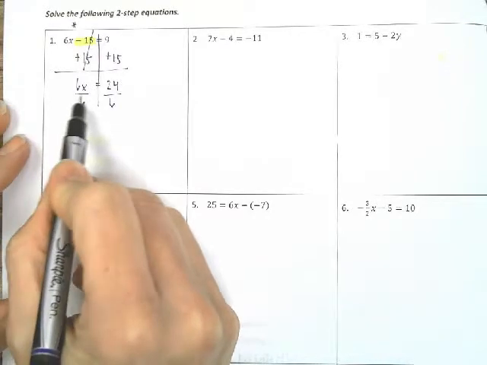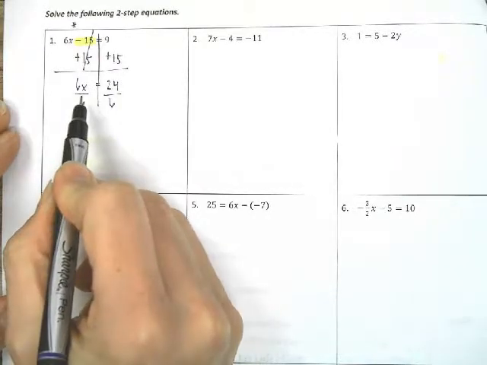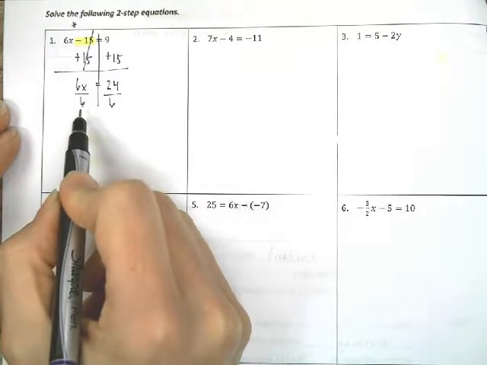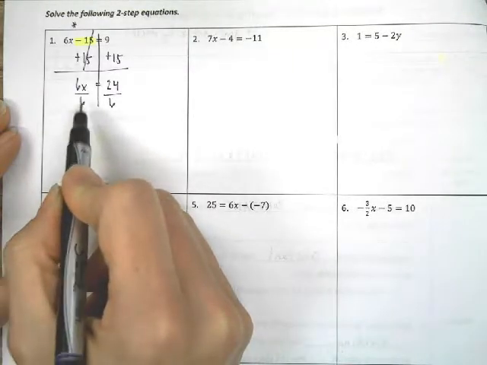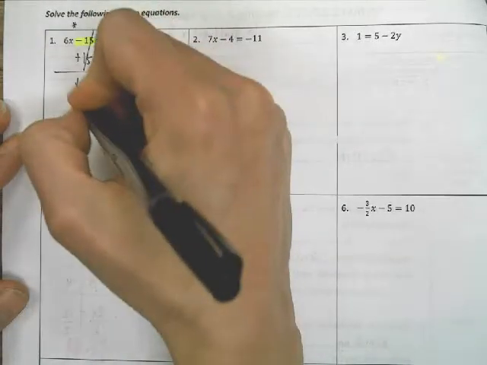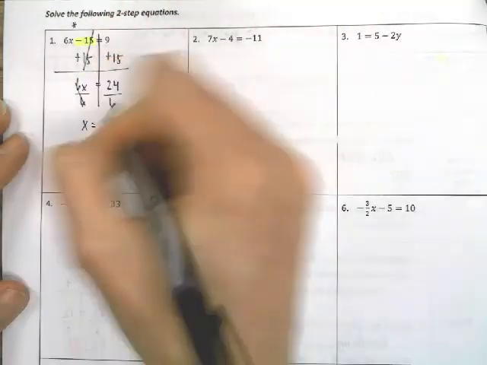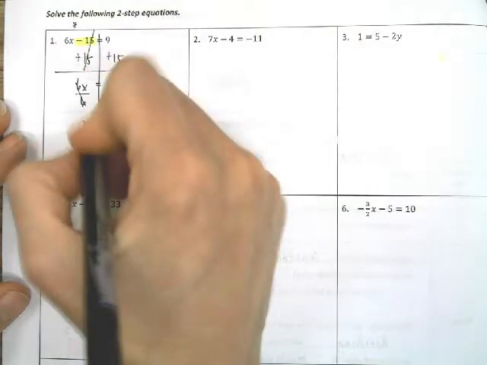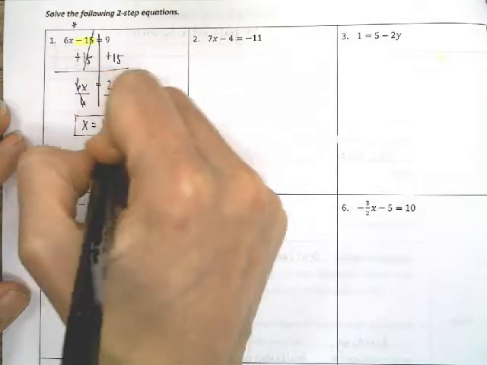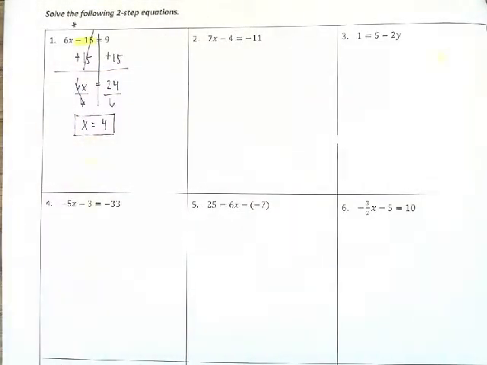Notice I'm showing my division line here, right? That fraction bar. That makes it really clear to myself and maybe whoever is grading my paper that I know I have to divide. So now this is going to cancel. I'm going to get x equals, and 24 divided by 6 gives me 4. So I think that my solution is 4.